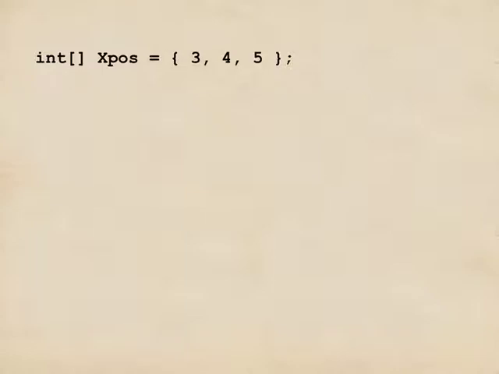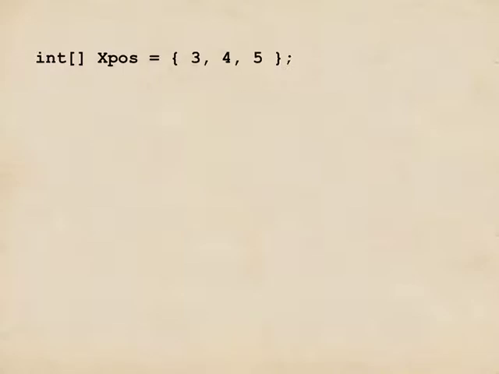In this case, Processing is going to count them up for us automatically. When Processing sees the statement, it sees the left-hand side and says, oh, it's an array of integers. Its name is xpos. It looks at the right-hand side and says, oh, there's an open curly brace. You're about to give me the initial values for this array. It says that there are 3, 4, and 5, and it's smart enough to count them up, and says there are 3 of them.